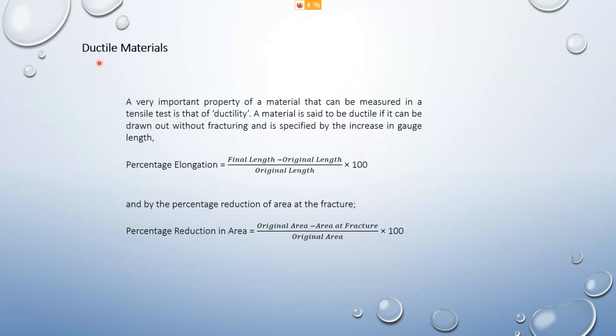A very important property of a material is ductility, defined as the ability of the material to be drawn out into wire form. That means the ability of the material to be withdrawn into very slim or wire form. That is for ductile materials. Non-ductile materials we call brittle.